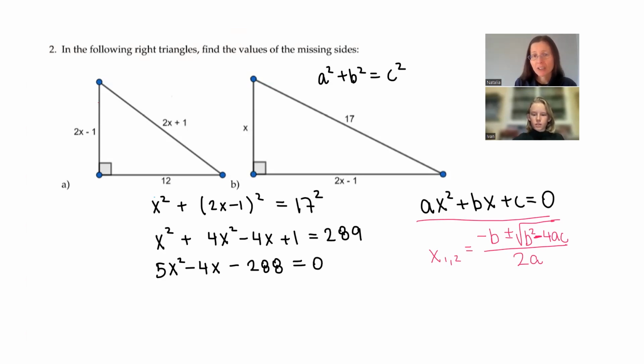And first, we will identify the values of A, B, and C. So look at our equation and tell me what A, B, and C are. A is going to be 5, B is going to be negative 4, and C is negative 288. Awesome. So notice we included the negatives as we should.